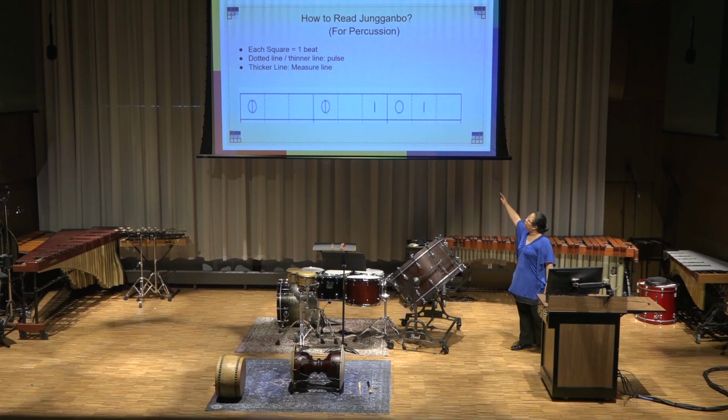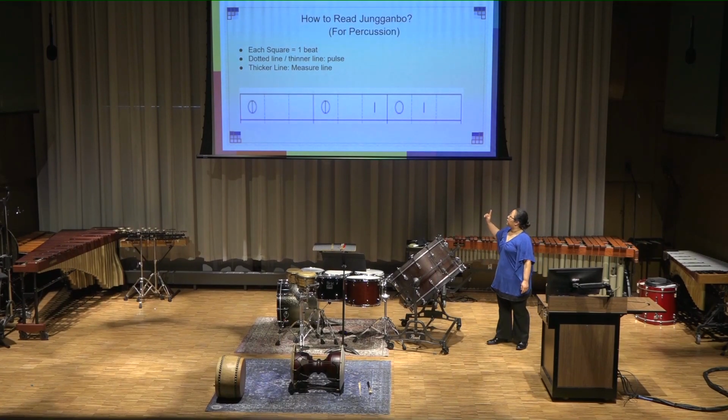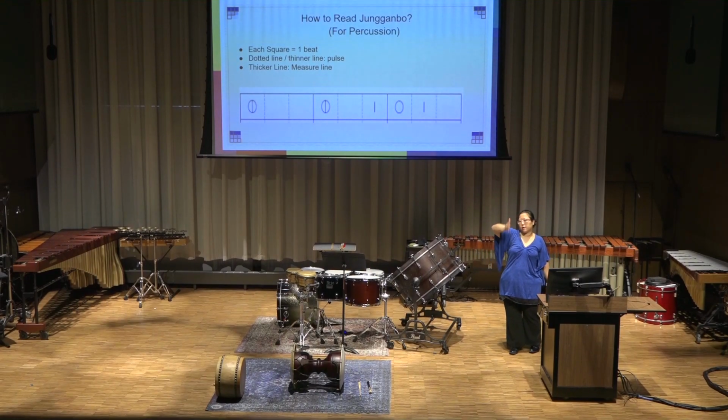Here we have the rhythmic notation of 정간보, and each square consists of a beat. There are some dotted lines or thinner lines that indicate a pulse. For example, in 4/4 measures in Western notation, that would be more like quarter, quarter, quarter, quarter. And the thicker line is like a measure line.